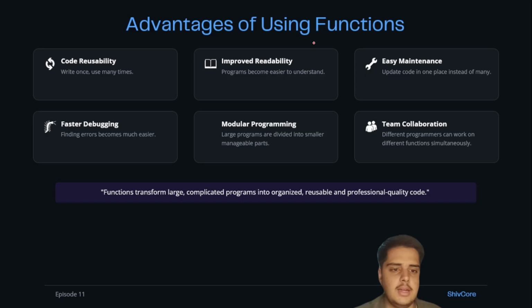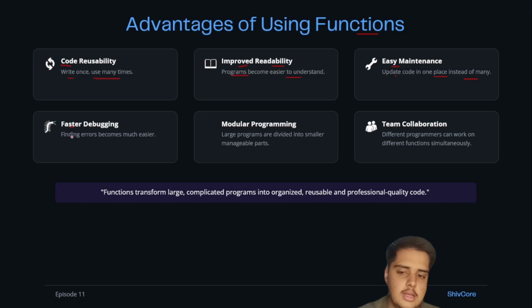Advantages of using functions. First is code reusability. You write once and you can use it many times. Improved readability, which means programs become easier to understand. Third, easy maintenance. You update code in one place instead of many.